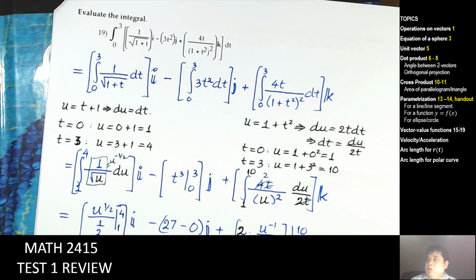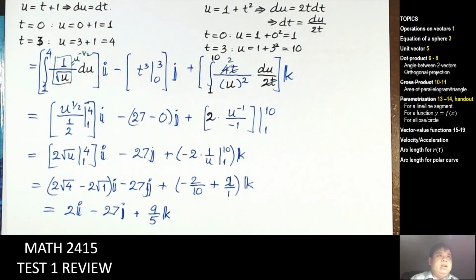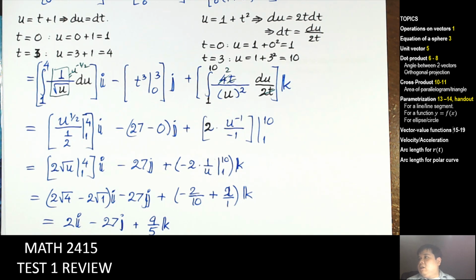Yeah, just say 15 to 19, except number 17, which is just the second derivative. And velocity and acceleration are just the first and the second derivative. So we cover that as well.